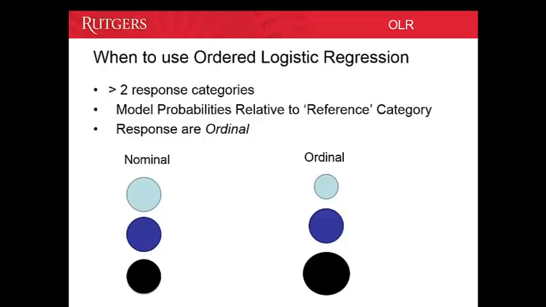However, in the other set, we can see that the light blue circle is smaller than the navy blue, and the navy blue in turn is smaller than the black circle. However, we cannot say that the difference in size between the light blue and the navy blue is the same as the navy blue to the black circle.